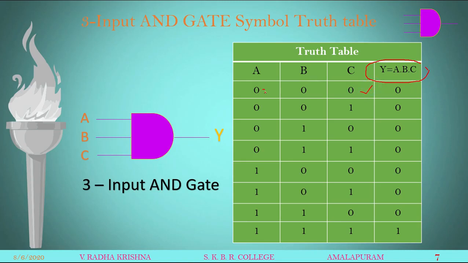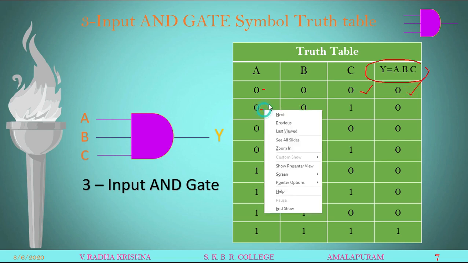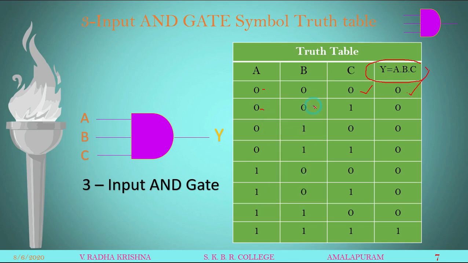In this case, the product of 0, 0 and 0 is 0. Next, A = 0, B = 0, C = 1. In this case, the output is the product of 0, 0 and 1, that is 0.